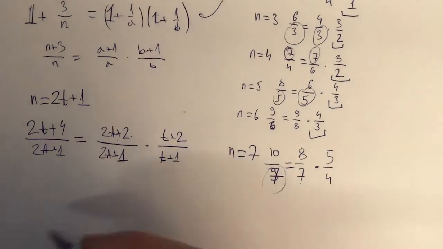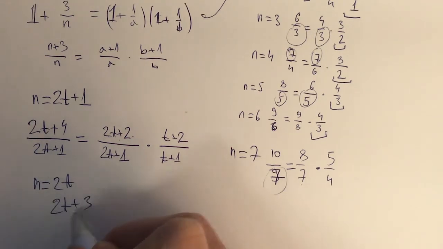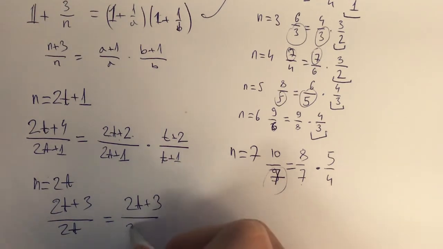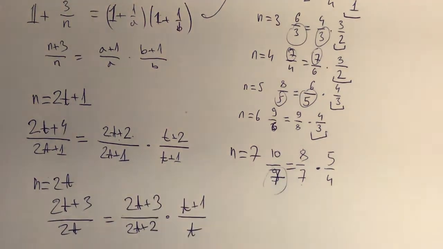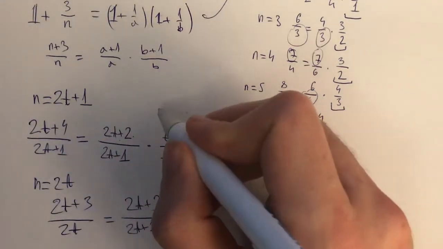And for n equals 2t, we have (2t plus 3) over 2t is equal to (2t plus 2) over 2t times (t plus 1) over t. So this solves k equals 2 and every single n.